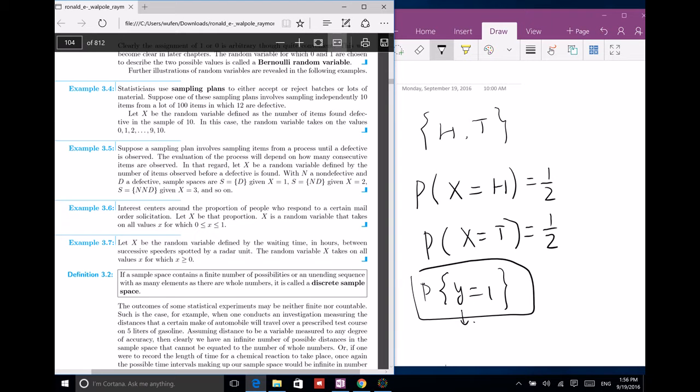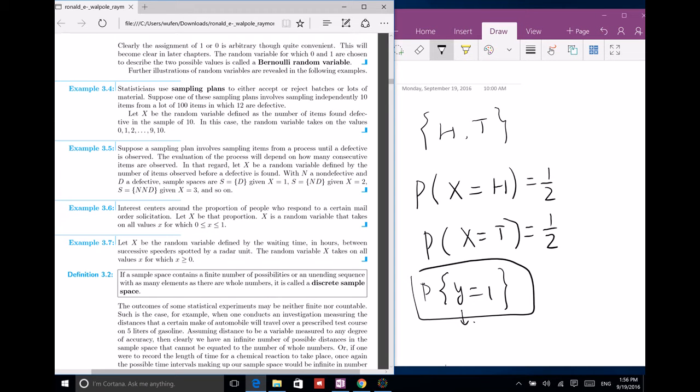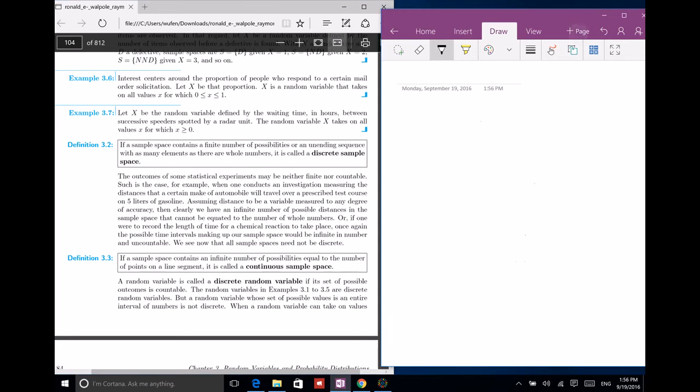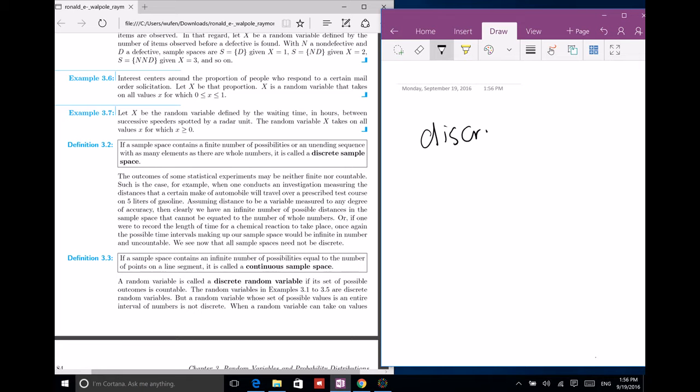Discrete random variables are countable. If a sample space contains a finite number of possibilities, or an unending sequence with as many elements as there are whole numbers, it is called a discrete sample space. The set of possible outcomes is countable: 1, 2, 3, 4, 5, 6.